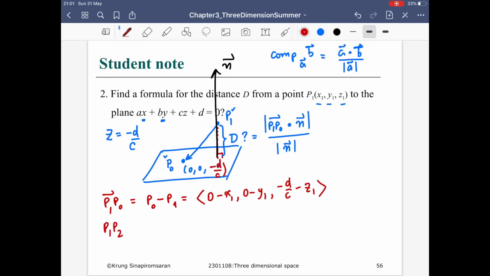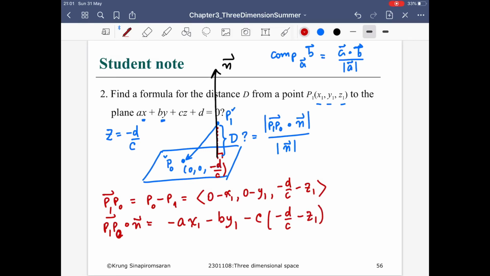So your p1 p0 dot with the n will simply be negative a x1, negative b y1, and then negative c times (d over c minus z1).